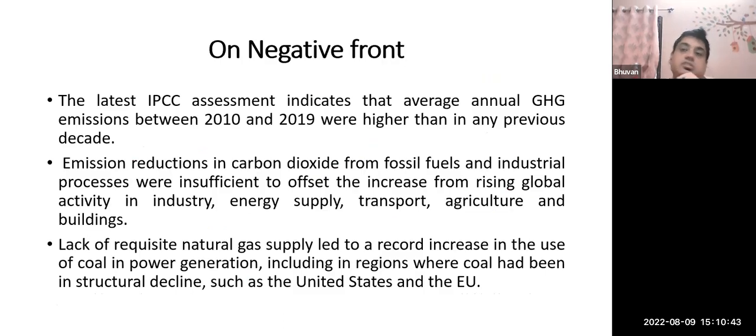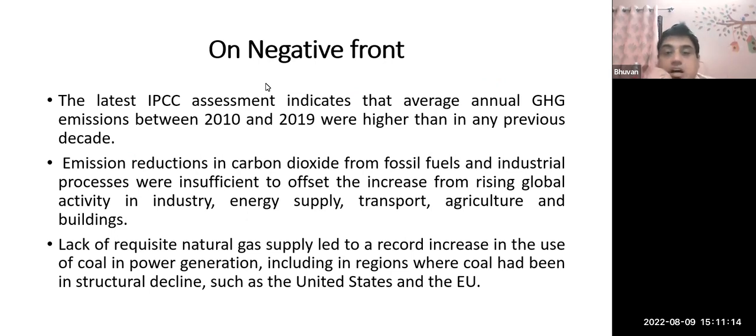Now we talk about the negative fronts. The latest IPCC assessment indicates that average annual GHG emissions between 2010 and 2019 were higher than in any previous decade. So we are all very much aware of this, and emission reductions in carbon dioxide were insufficient to offset the increase from rising global activity in industry, energy supply, transport, agriculture, and buildings.